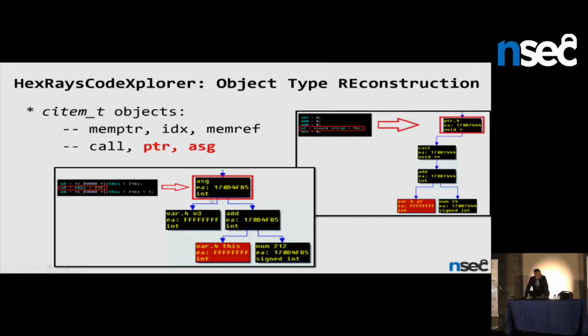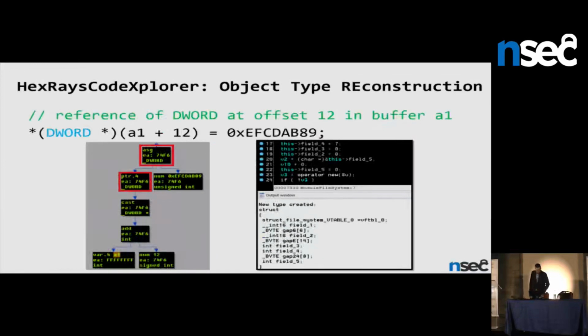Since we know that the type of the assignment is integer, we suppose that there are 4 bytes at offset 212. And as a result, we can reconstruct the structure as shown here automatically, which saves a lot of time in the reversing.